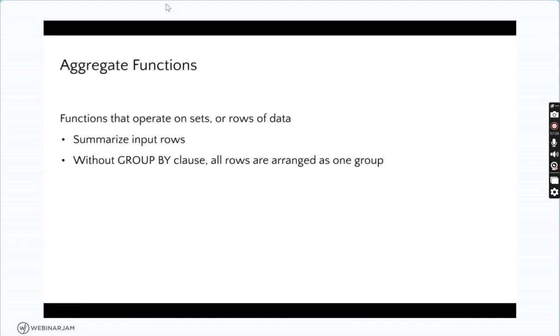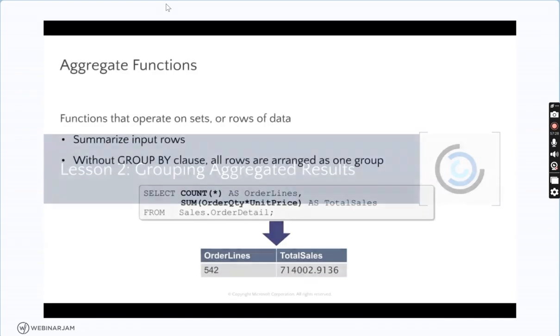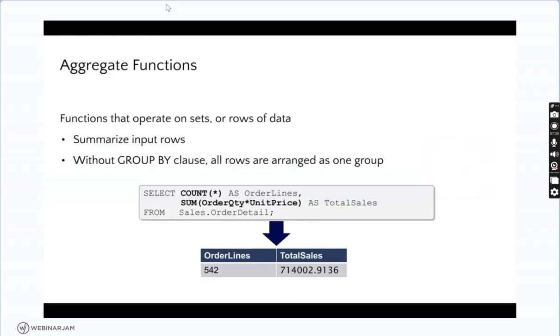And then we have aggregate functions, right? These are functions that operate on sets of rows of data. We can summarize input rows, or without the GROUP BY clause, all rows are arranged as one grouping, right? Like SELECT COUNT(*) to count the total number of records stored under my order lines.